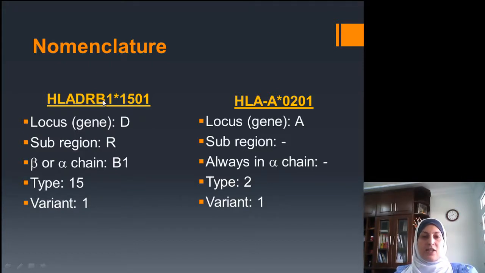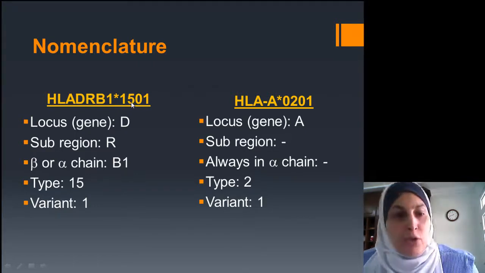So this indicates whether the polymorphism is located in the alpha or beta chain. Here it's located in the beta chain in the first domain. And what is the type of polymorphism? It is type 15, variant 1 of type 15.